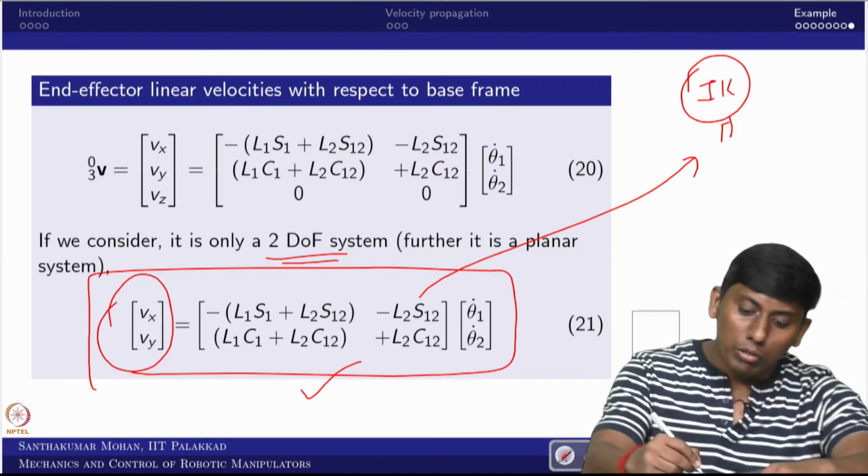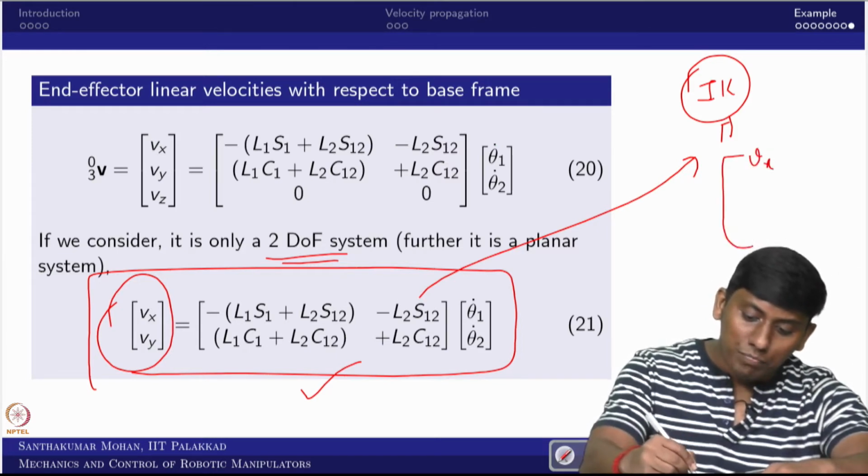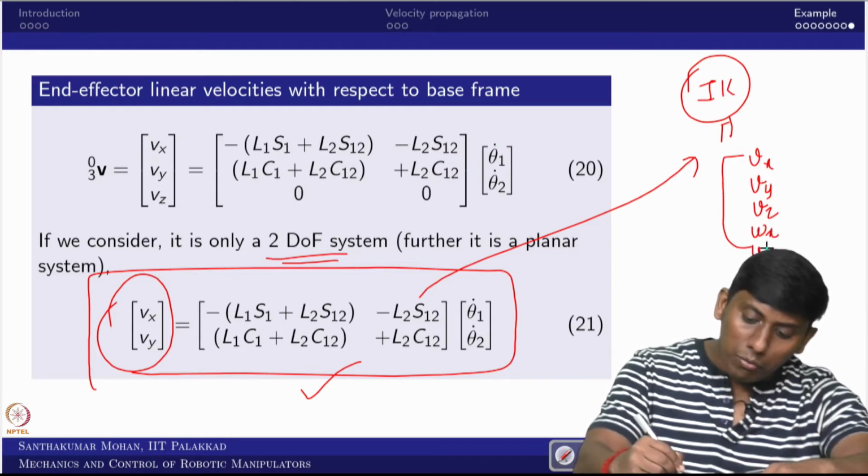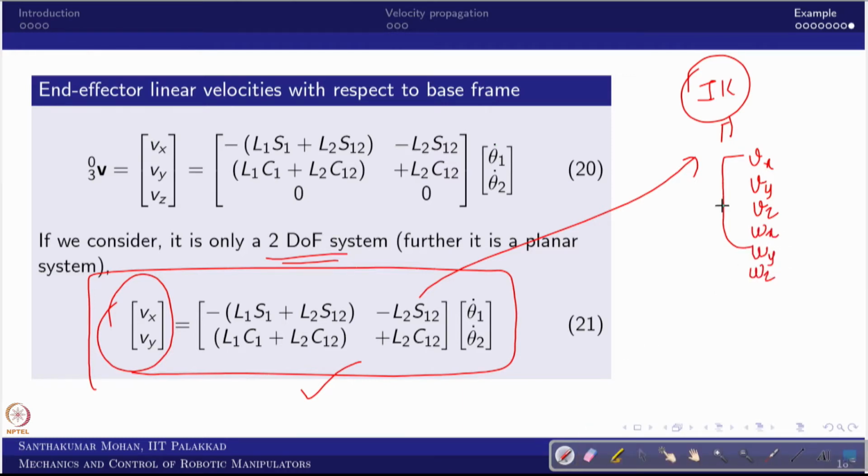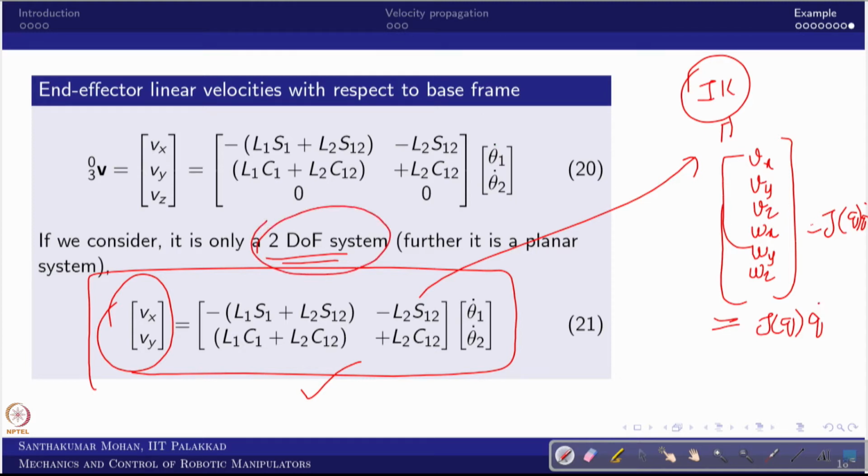Originally what you have to write is Vx, Vy, Vz, omega x, omega y and omega z equals the Jacobian of q into q dot. That is how it is supposed to be. But based on the system configuration, we have restricted it so that only these are active. Then you can reduce the Jacobian matrix to this form.